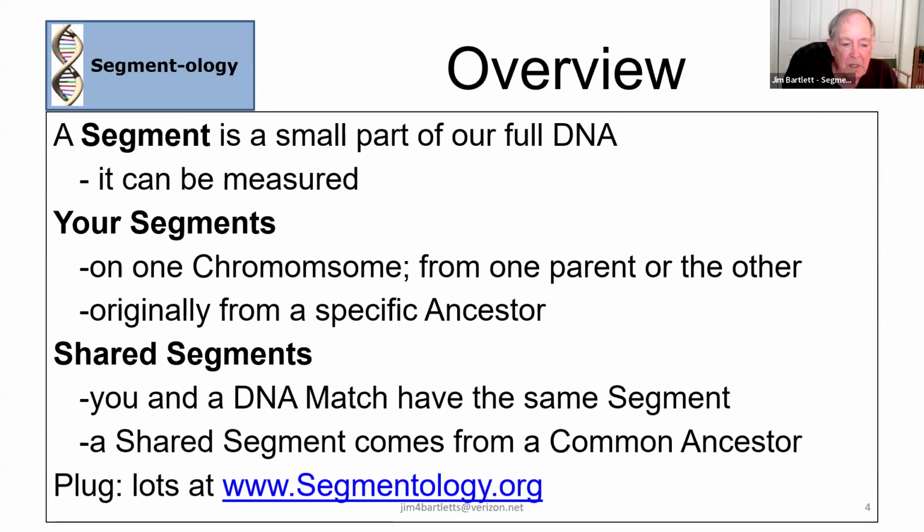Shared segments are where you and a match have the same segment, or the same overlapping segments. So a shared segment will come from a common ancestor. And I'll put in a plug again for my segmentology.org blog, where I cover a lot of this stuff in more detail.